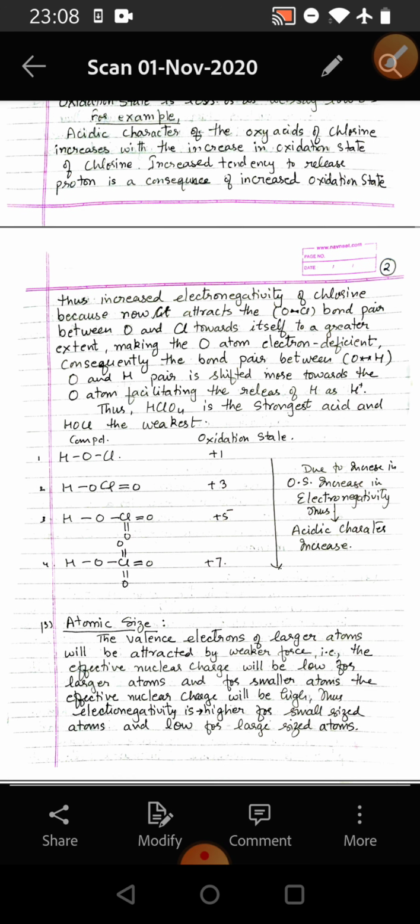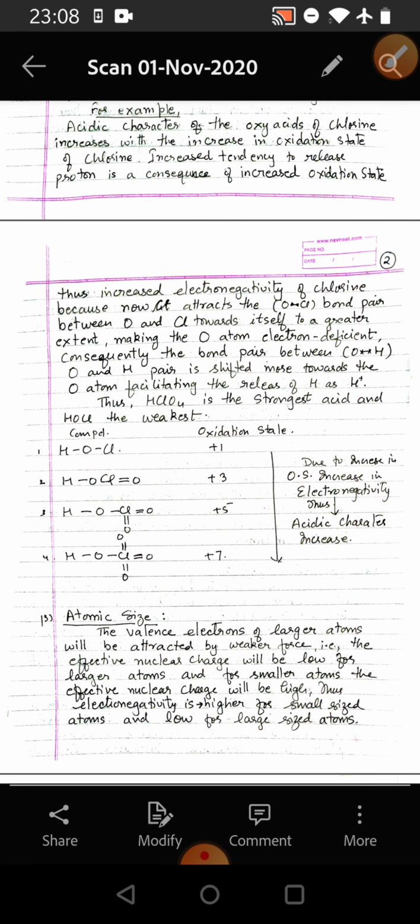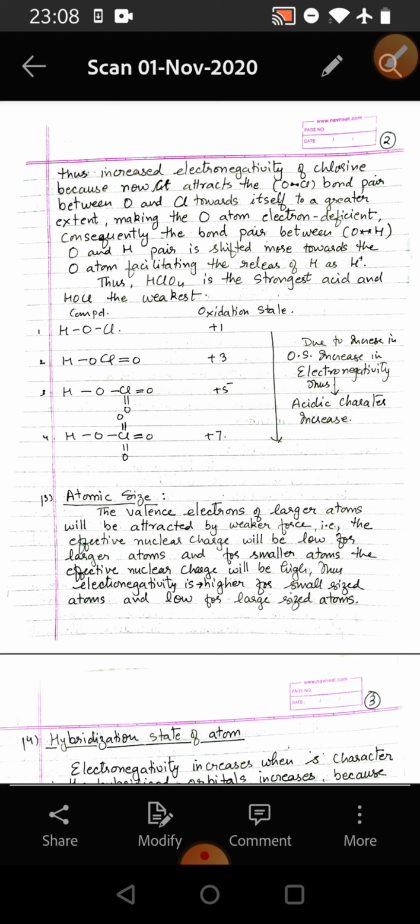Thus, due to increased electronegativity, chlorine attracts the O-Cl bond pair between oxygen and chlorine to itself to a greater extent, making the oxygen atom electron deficient. Consequently, the bond pair between O and H is shifted more towards the oxygen atom, facilitating the release of hydrogen as proton. Thus, HClO4 is the strongest acid and HOCl the weakest.